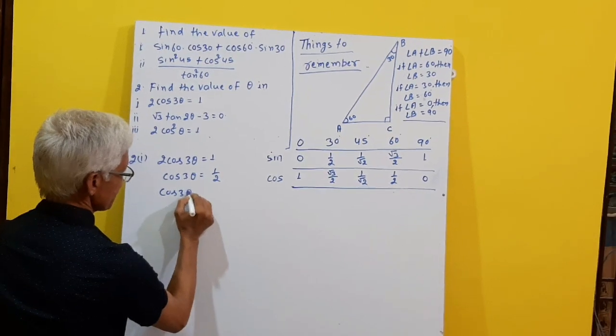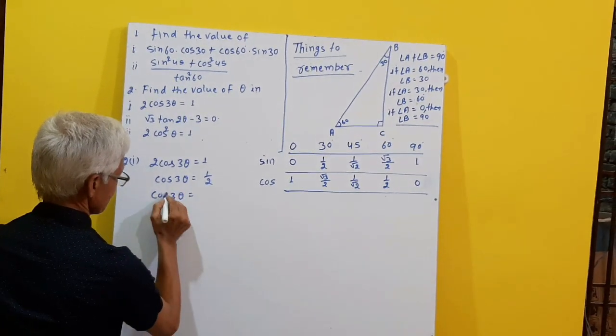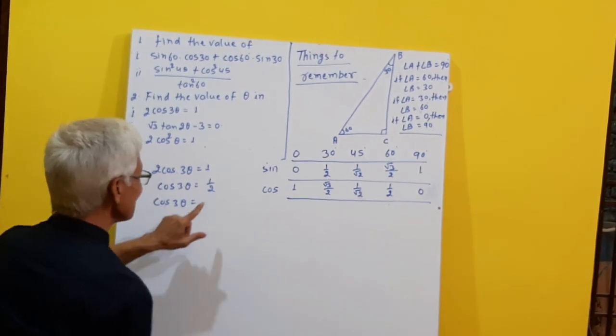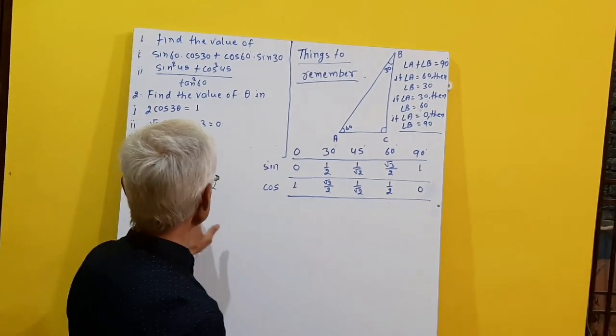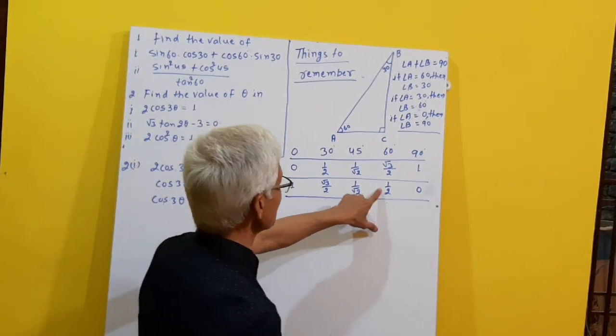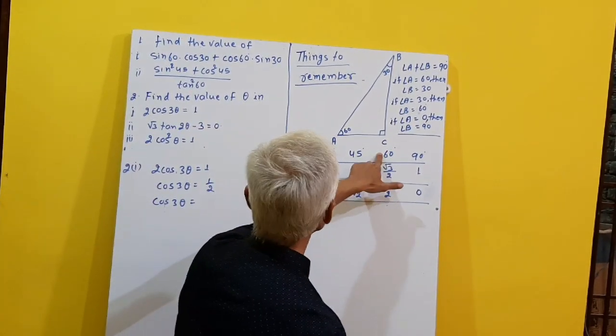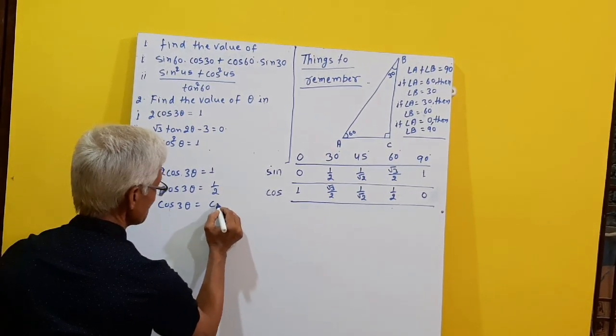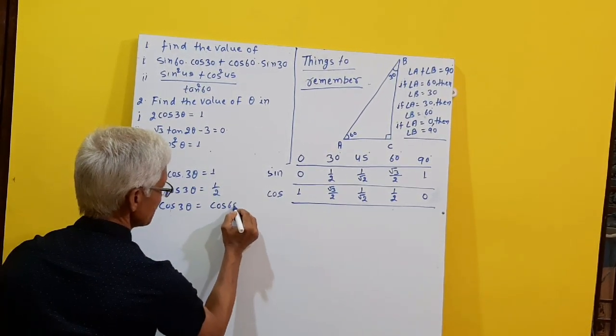What is the angle whose cos is 1 by 2? It is 60 degrees. So in place of 1 by 2, you can write cos 60.